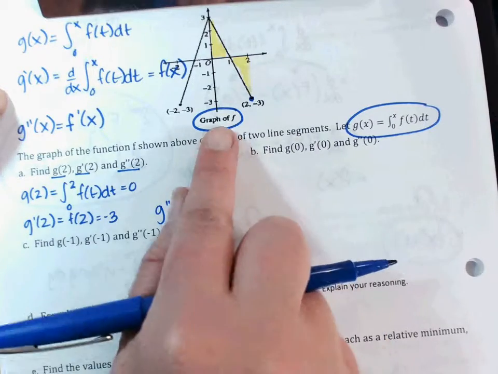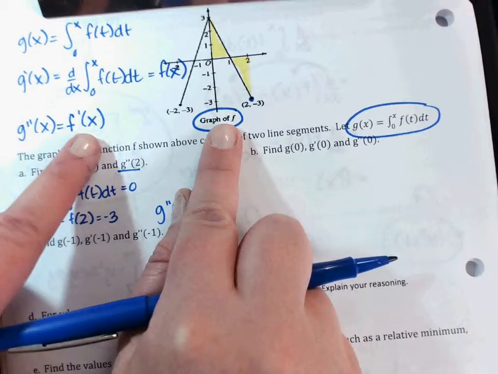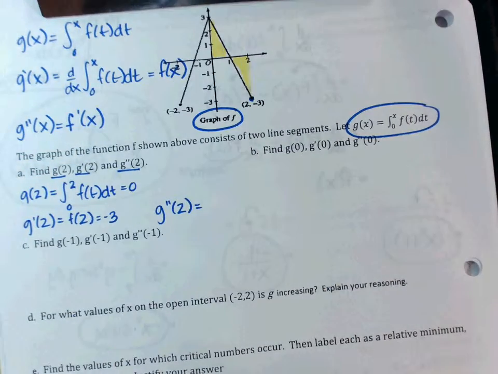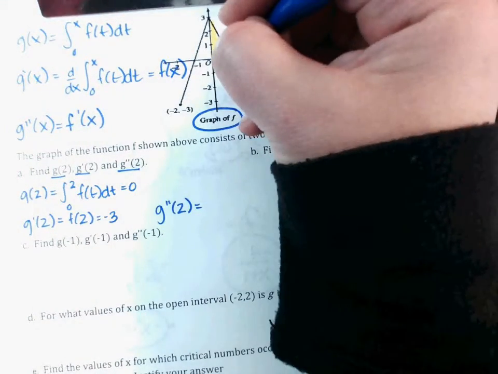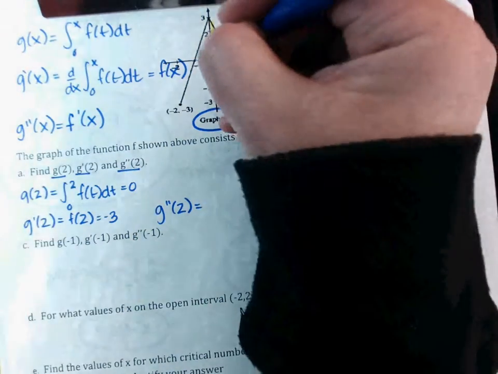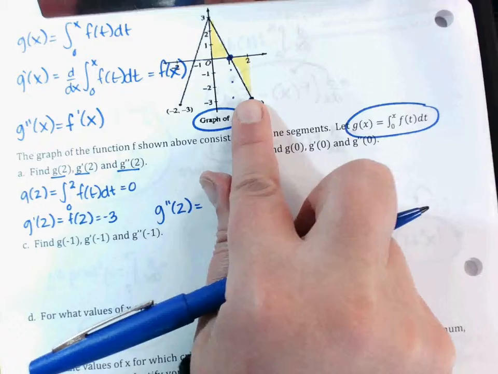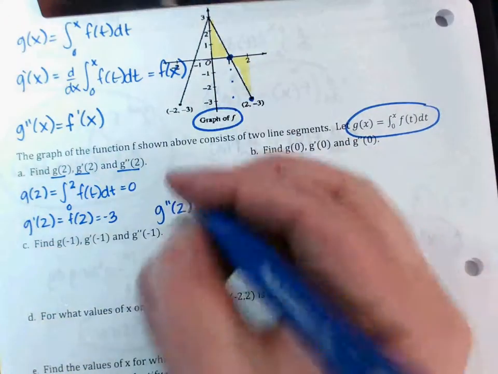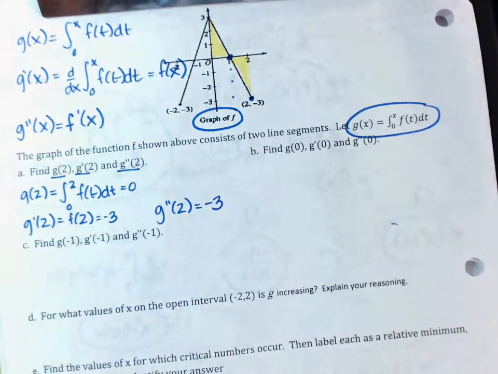Slope. Because remember, if this is f and I want f prime, that's going to be the slope. Very good. So look at 2. 2 is here. What is my rise over run from this point to this point? Down 3 over 1. So that'd be -3.